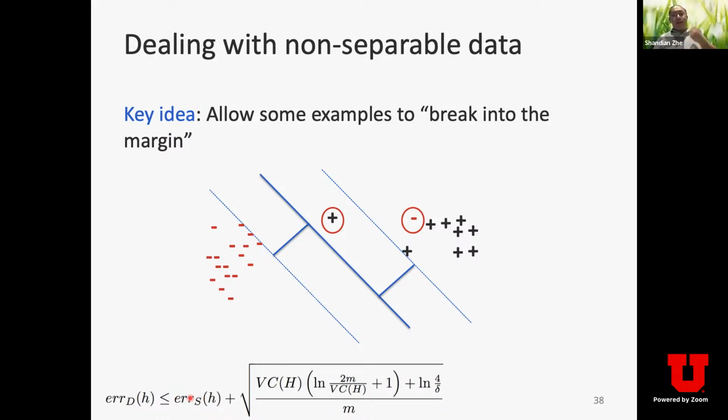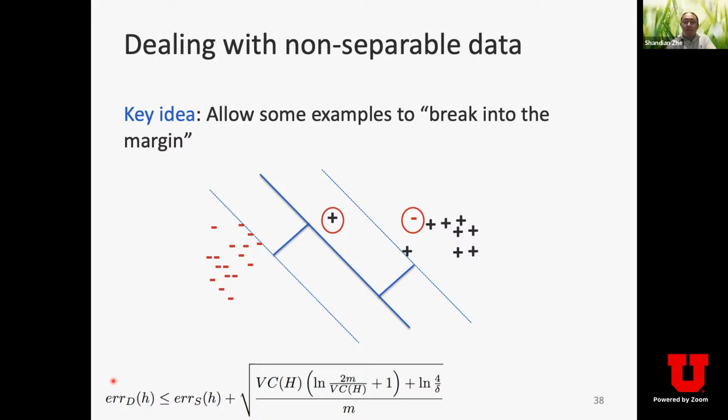But at the same time, because the remaining training examples are linearly separable, we still maximize the margin, so we have a smaller VC dimension. So we can make this bounding term smaller. Overall, we expect a better trade-off in the whole summation, so that we get a smaller generalization error bound. That's the idea.